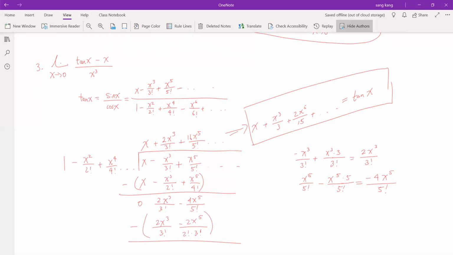But there is a theorem that says if you multiply or divide two convergent series together, and both of their radii are the same, then your product or quotient will also have the same radius of convergence. So since the R for sine is infinity and the R for cosine is infinity, the R for tangent is also infinity.